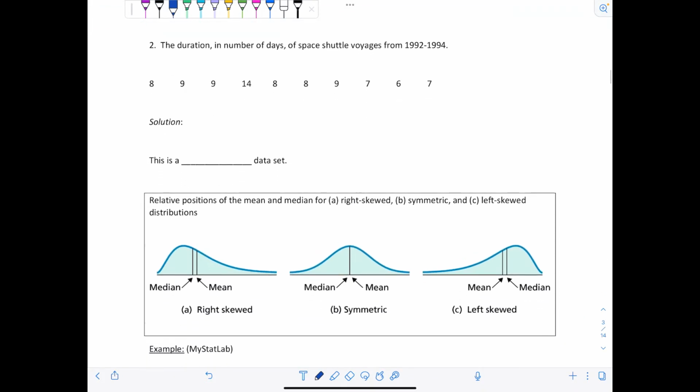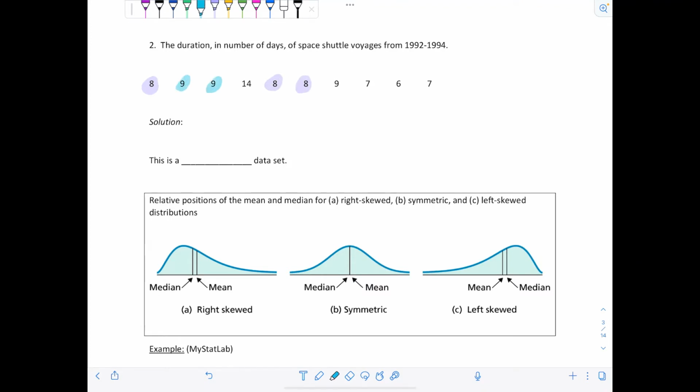Let's look at another example. This is the duration in number of days of space shuttle voyages from 1992 to 1994. Okay, so is it in order? No, but we're just finding the mode. So let's see if we can identify who's popping up the most often. Here's an 8, 8, 8.